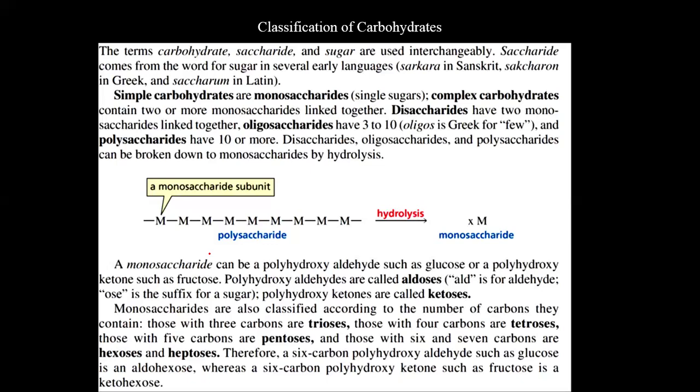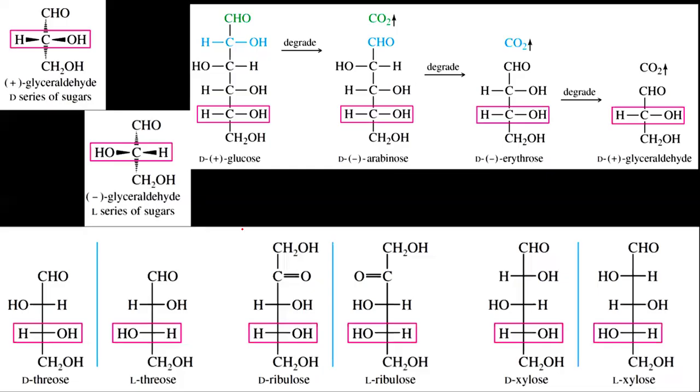Further on, in the next few videos, when we go into the reactions of glucose and fructose, we will write the details of those reactions. I hope you are able to understand the classification of carbohydrates. The next topic will be what we call the DL notations.